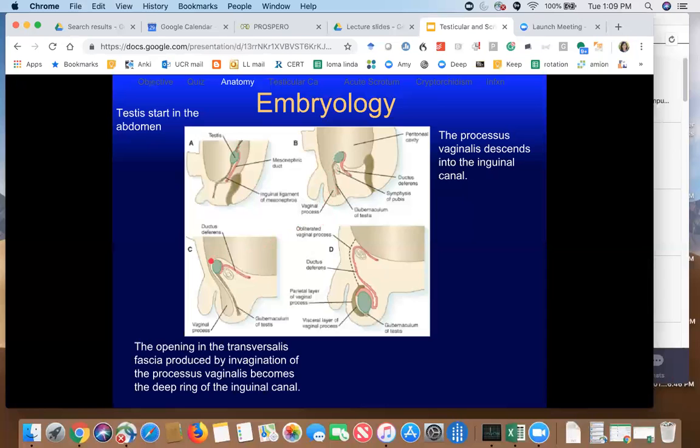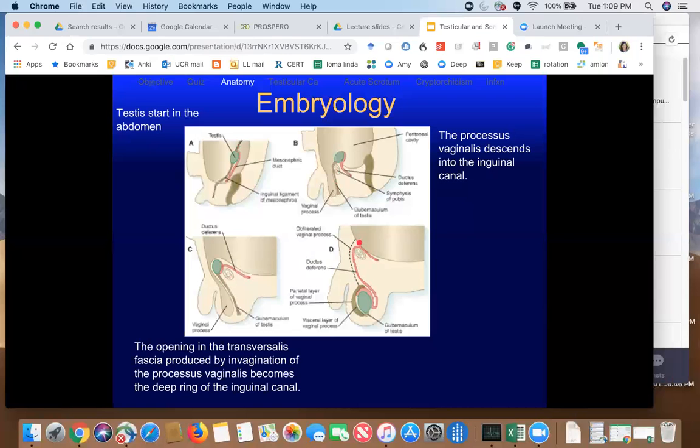As it goes in, this part obliterates. But then there's an opening here where the vas, as well as the spermatic cord and neurovascular structures, go through the inguinal canal.